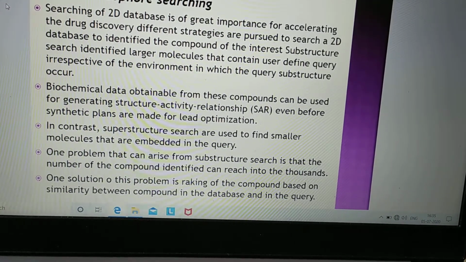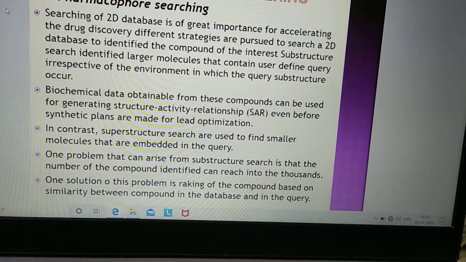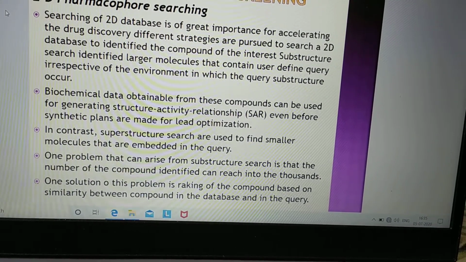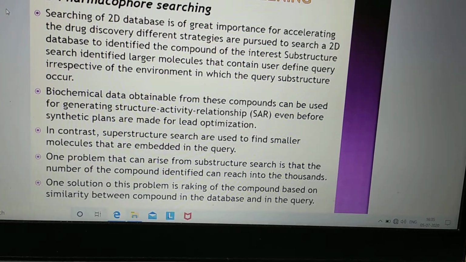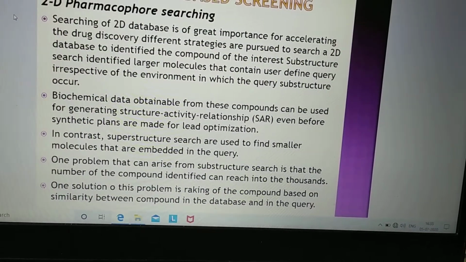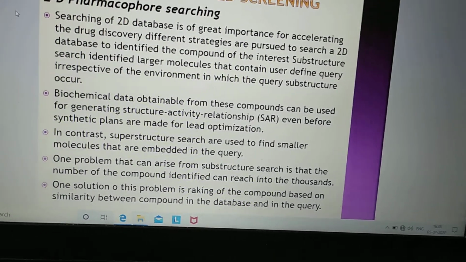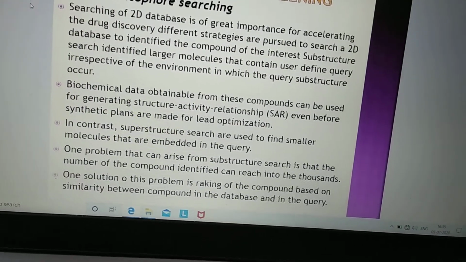The problem that can arise from substructure search is that the number of compounds identified can reach into the thousands. One solution to this problem is ranking compounds based on similarity between compounds in the database and the query.